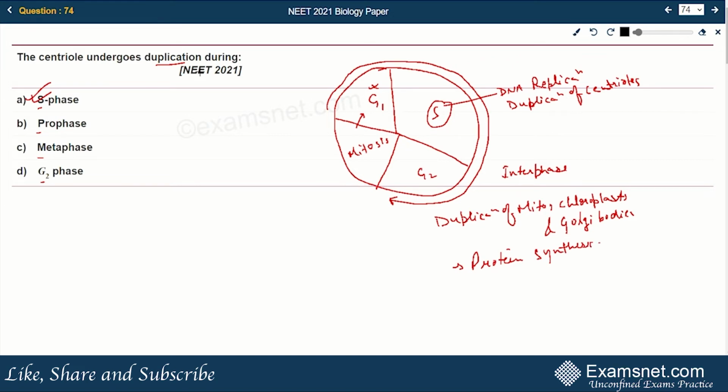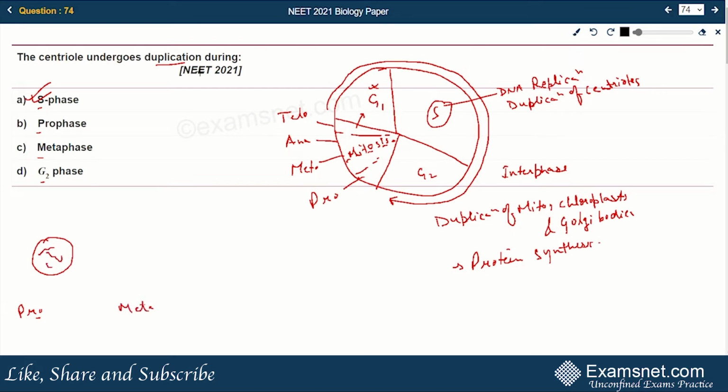Now, mitosis, how many phases is mitosis divided into? 4 phases. The first one is prophase, the second one is metaphase, third one is anaphase, and the last one is telophase, right? So what happens during the prophase? During this, the condensation of chromatin starts, okay? So the chromatin starts condensing.